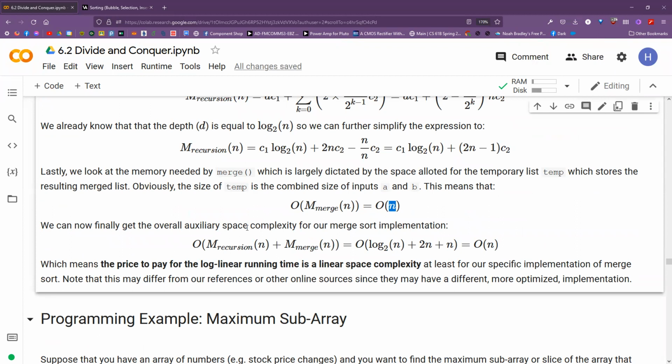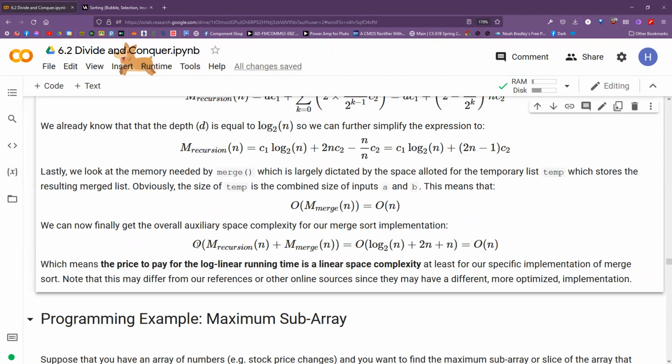So, pag kinombine natin yung memory for recursion and yung memory for the merge operation, we get log of n plus 2n plus c, or plus 1 plus n. And yung biggest growing term natin dito is yung n.